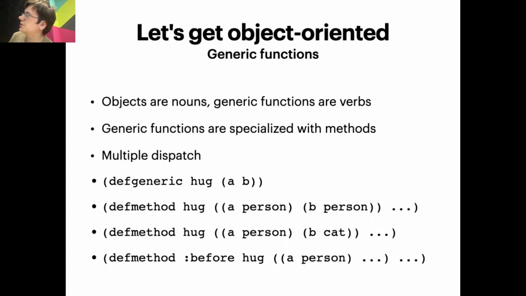Then we can specialize this generic function with another method where the first argument can be a person, but the second argument can be a cat, for example. We create these methods for classes, but our object system is not really class-centric, it's method-centric. So we need classes to specialize our generic functions like this. I hope I explained it well.